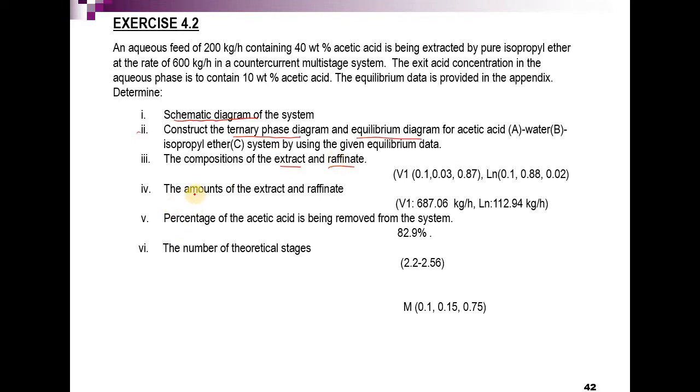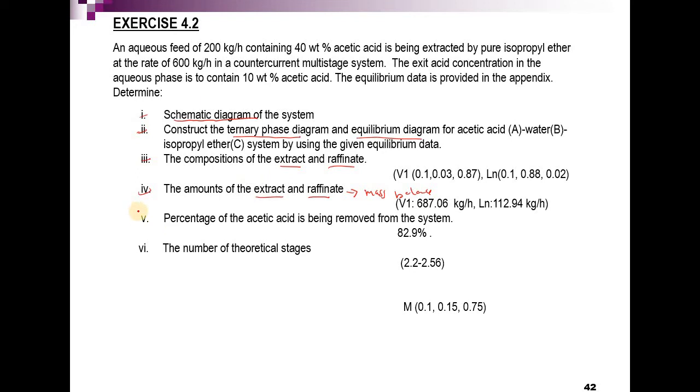And number 4, you have to find the amount of extract and raffinate. For this you will use the mass balance. So 1, 2, 3, 4, this is all the same as the single stage solution.